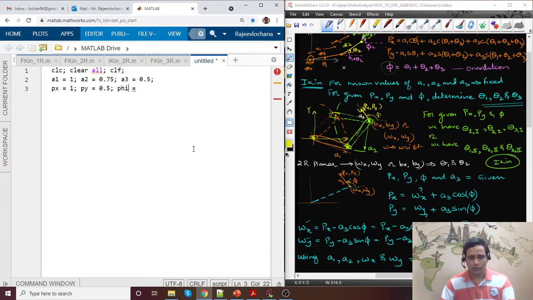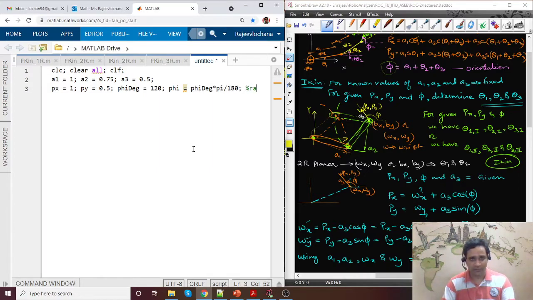Now usually the user would be familiar with giving it in degrees, so I'll take the user input in degrees. Maybe I'll call it 120 degrees. However, in all the calculations we have to convert that to radians. So we multiply this variable by pi divided by 180.